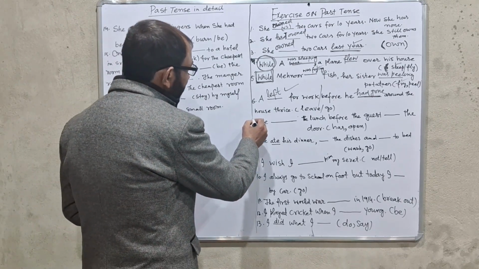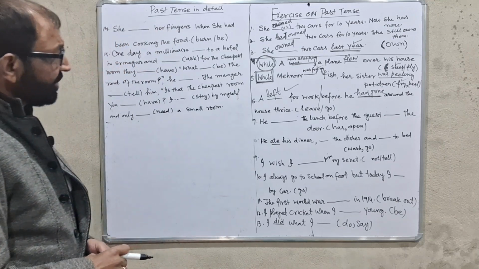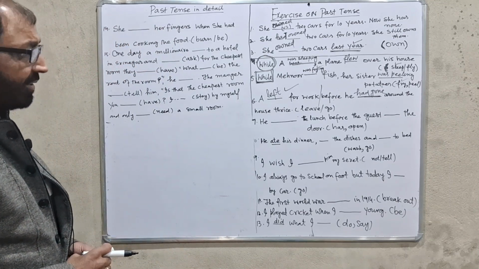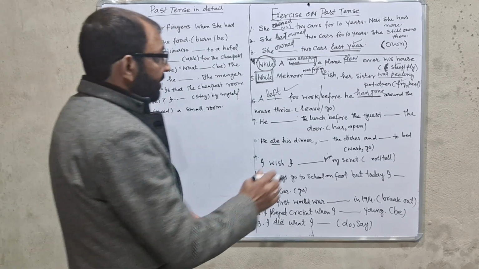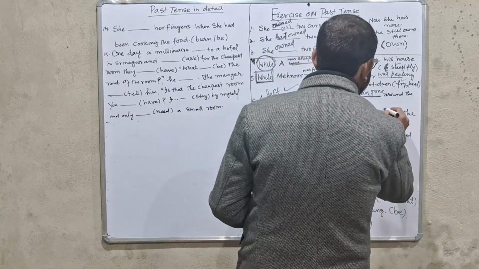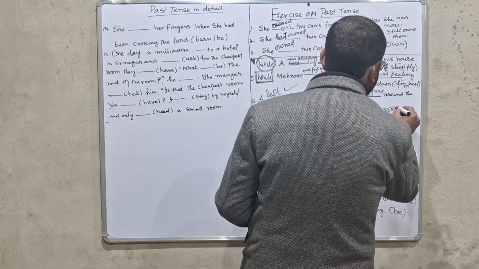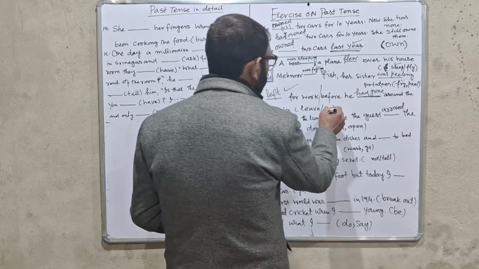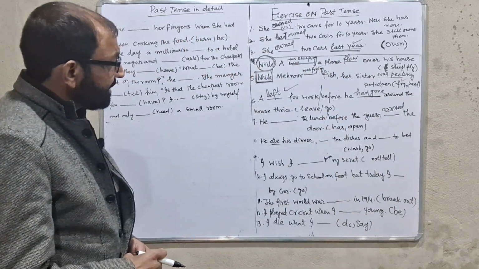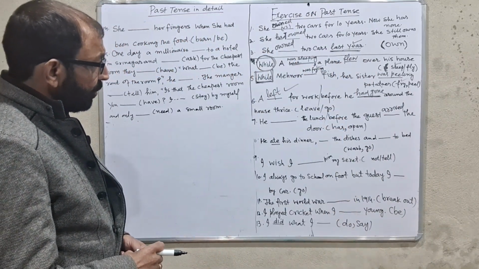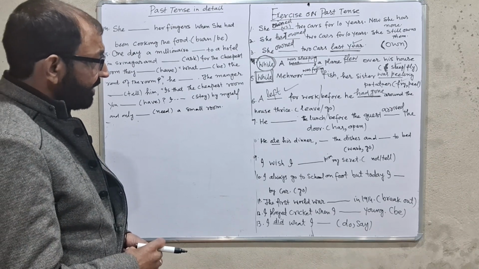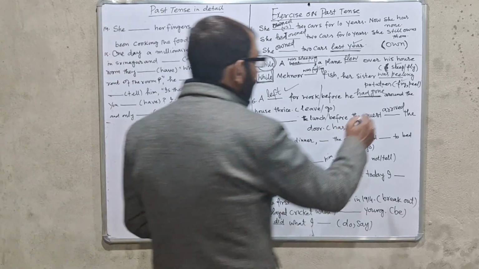Item number 7. He dash the lunch. But when? The guests arrived. Past simple. This is the answer for you. He dash the lunch before the guests arrived. Before guests opened the door.